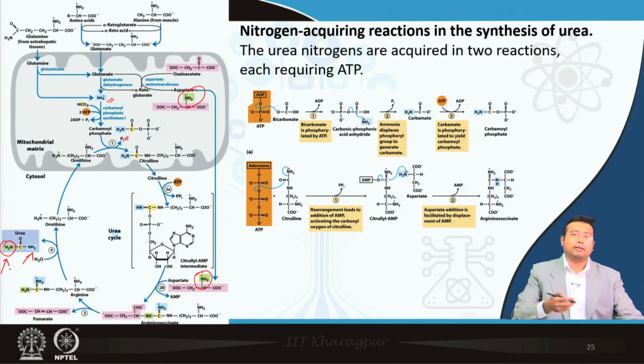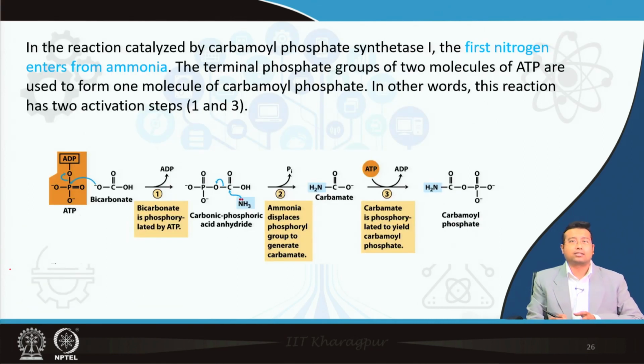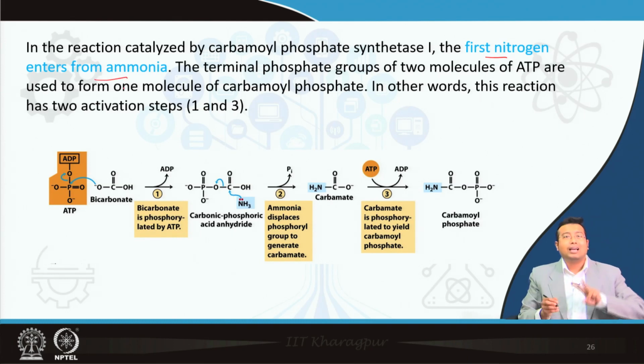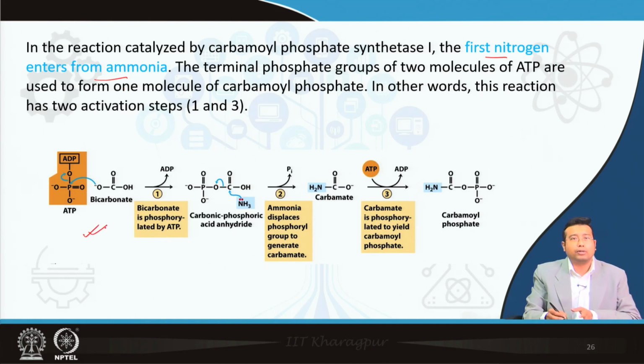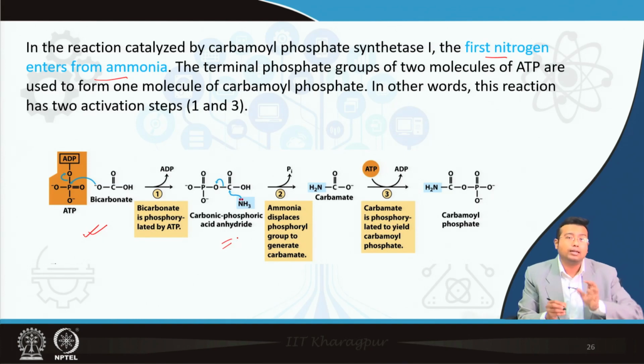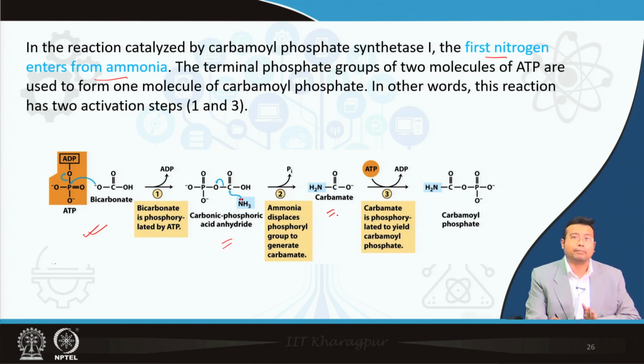Now, if we elaborate on these nitrogen acquiring reactions, we can see that for the first nitrogen that enters from ammonia, 2 ATPs are required in this step. Okay. So, the first ATP combines with bicarbonate to form this intermediate, whose phosphate group ammonia replaces, alright, to form carbamate, and another ATP is phosphorylating the carbamate to form carbamoyl phosphate.